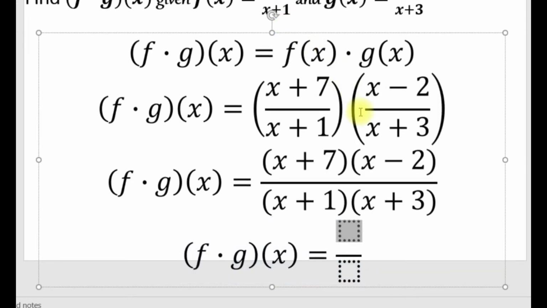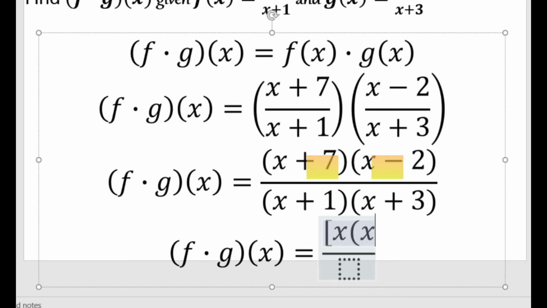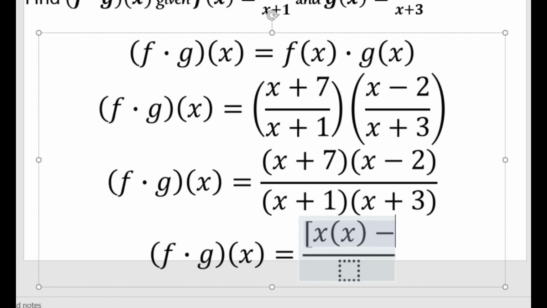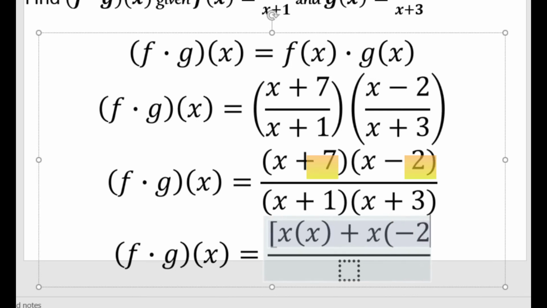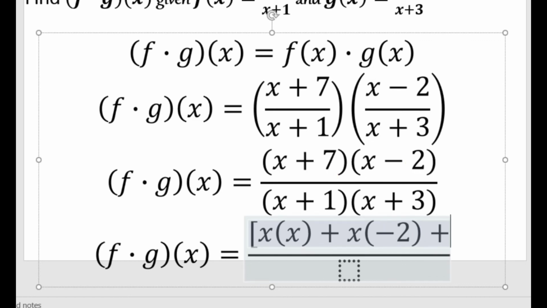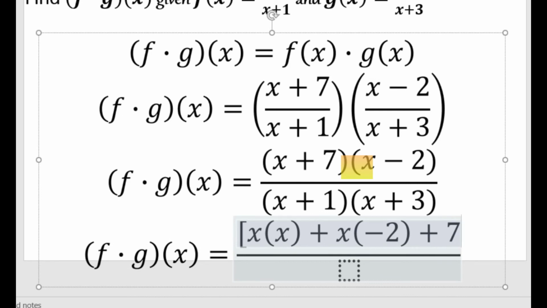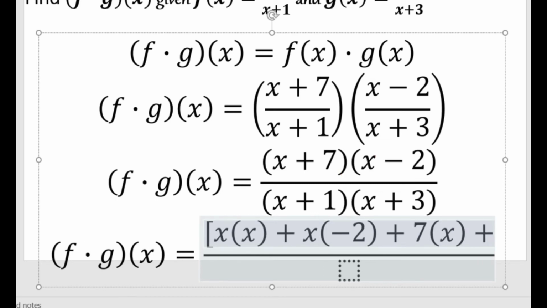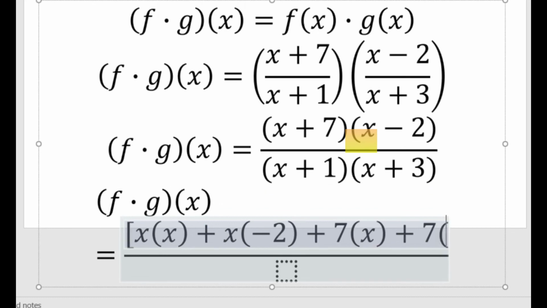So we'll have x times x and then plus x times negative 2 plus 7 times x plus 7 times negative 2.